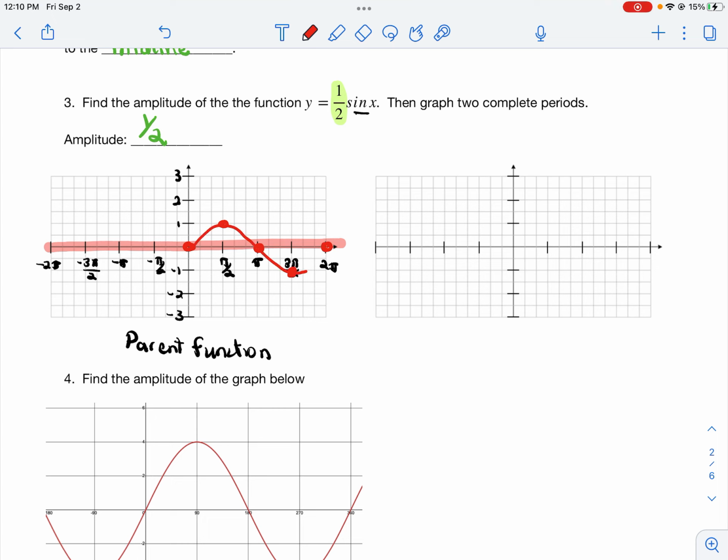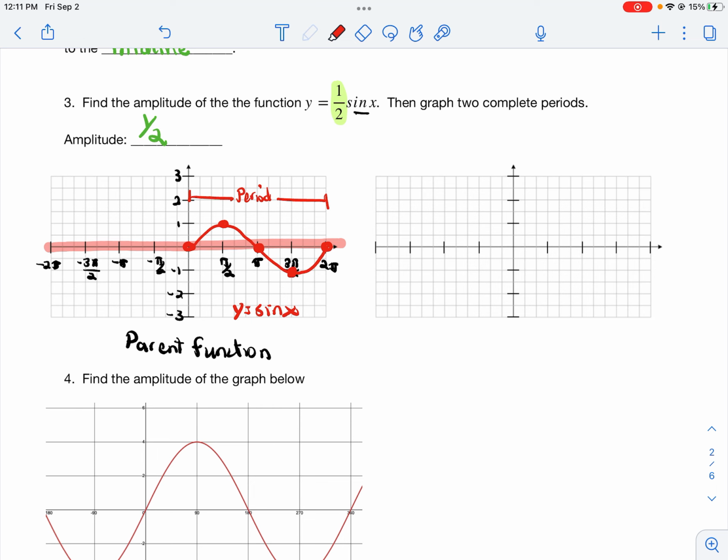That gives us one full shape of the graph, which is the period of the graph. All I want to see is this red graph here. With all the graphs until your final graph, you can just do one period, and on the final graph you can draw the second period. So there is my parent graph, y equals sine of x.